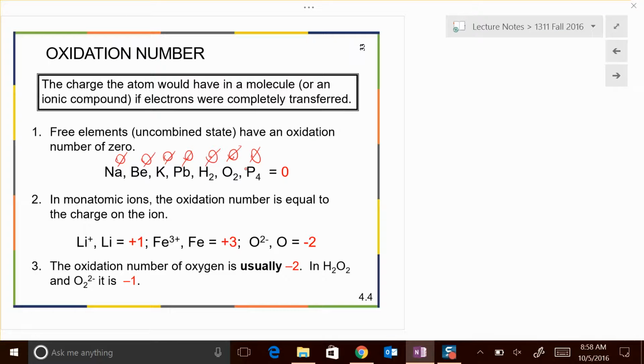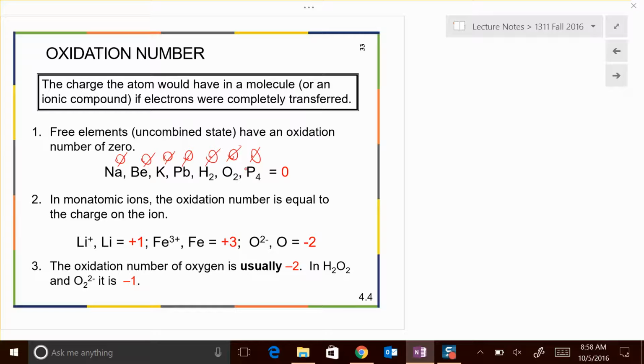Okay, so far, not too bad, right? That's not hard. Now, if you are a monoatomic ion, okay, your oxidation number is equal to the charge of that ion. So if you're an ion, then we know your oxidation number. We know the oxidation numbers of all the first elements. It's +1. All the second elements, +2. Okay? So those ones, not too bad.